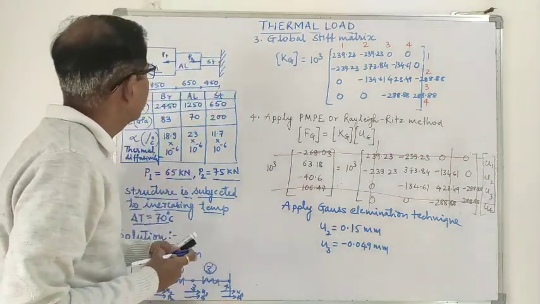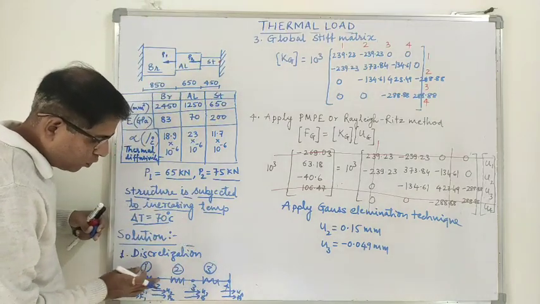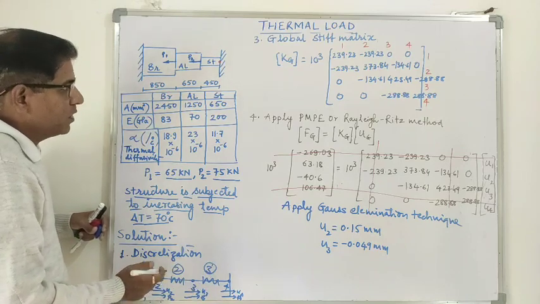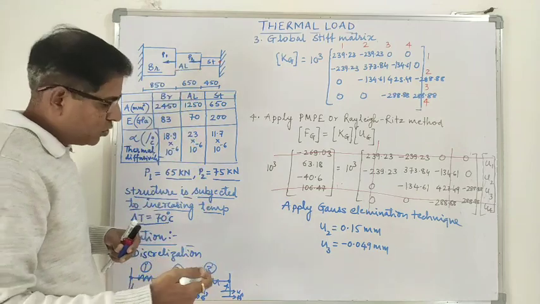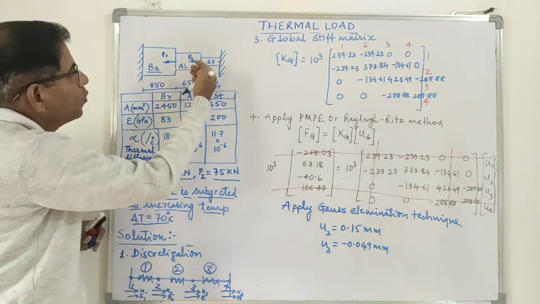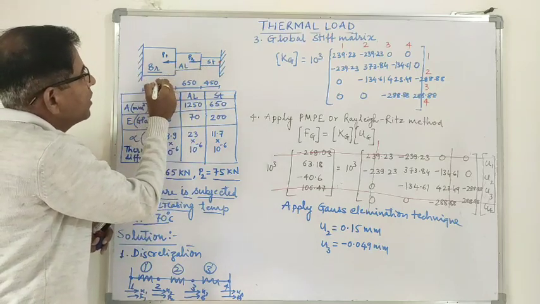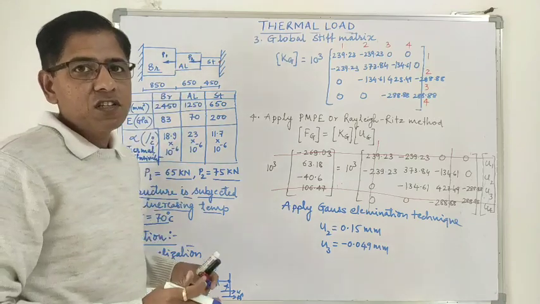So here node 2 has a positive displacement and node 3 has a negative displacement. Even if there are two external loads which force the nodes towards the negative direction, because of the temperature effect, node 2 shows positive displacement.